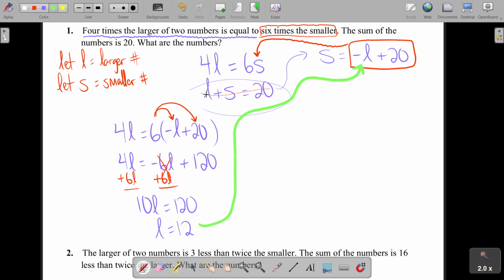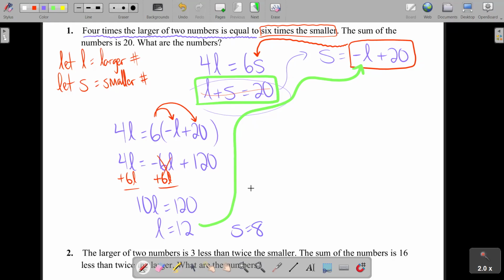But I think I said yesterday, I think Rowdy asked the question, could I just use common sense? And in a case like this, I think you've got a good leg to stand on. It's obvious. If you know anything about mathematics, if you have two numbers that add to make 20 and one of them's 12, what does the other one have to be? Eight. It has to be 8. So we can now say that S equals 8.